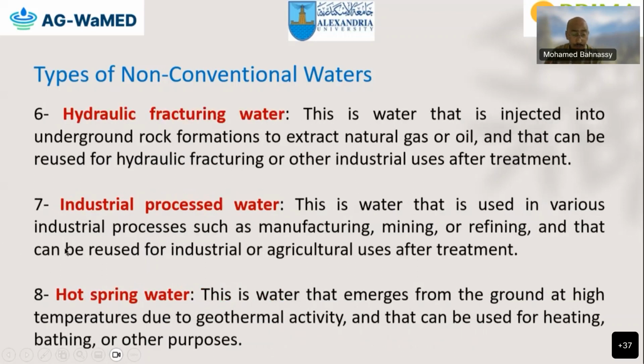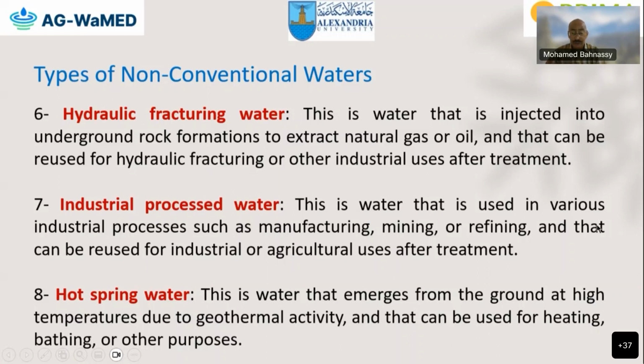Hydraulic fracturing water, another type. This water is injected into the underground rock formations to extract natural gas or oil, and that can be reused for hydraulic fracturing or other industrial uses after treatment. So it will be reused for the same purpose. Another type is the industrial processed water.